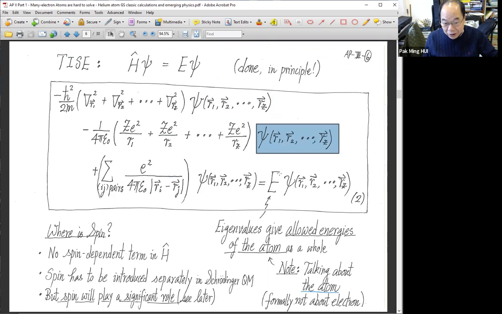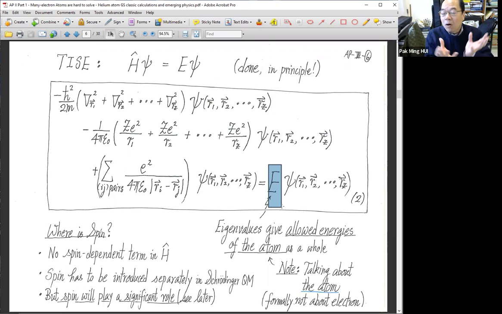is the Schrödinger equation. Now notice that this E indicates the allowed energies of the whole atom consisting of Z electrons. At this point, there's no idea about electron number 1 doing this, electron number 2 doing that.